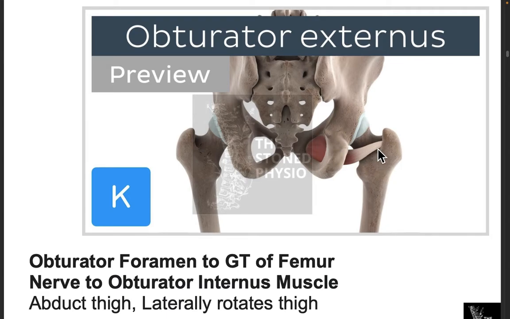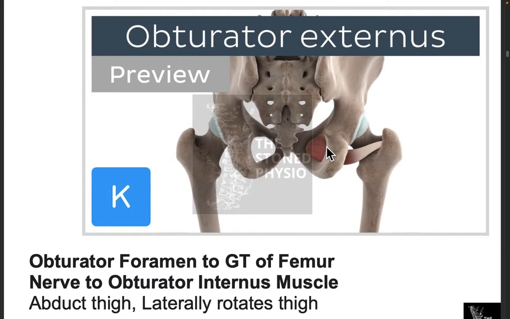And the obturator internus is going all the way into the internal part of the pelvis. It is inserted inside the pelvis and then gets attached on the ventral aspect of the obturator foramen. But this particular muscle, the obturator externus, is present on the ventral aspect of the obturator foramen. Okay.